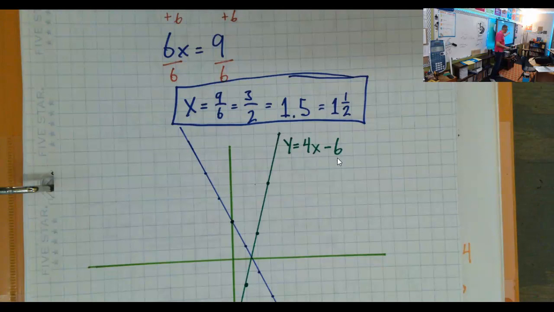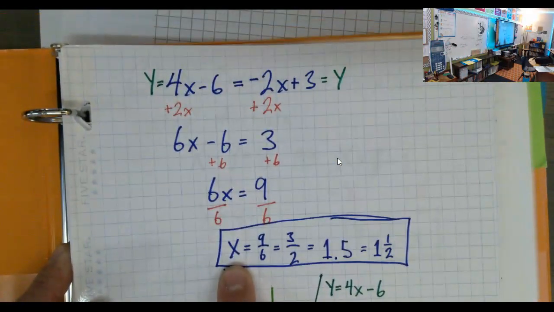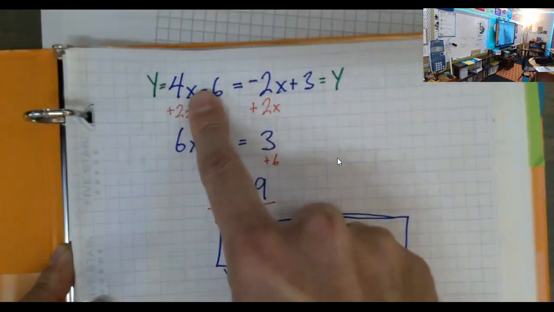So when we graph the lines, they cross when x equals 1.5. That's the algebra solution we got. It matches our geometric work of putting it on the graph to see where it crosses, and then we can figure out the y value, just like we did in the previous problem. If I know what x is, I can figure out the y by plugging it in.